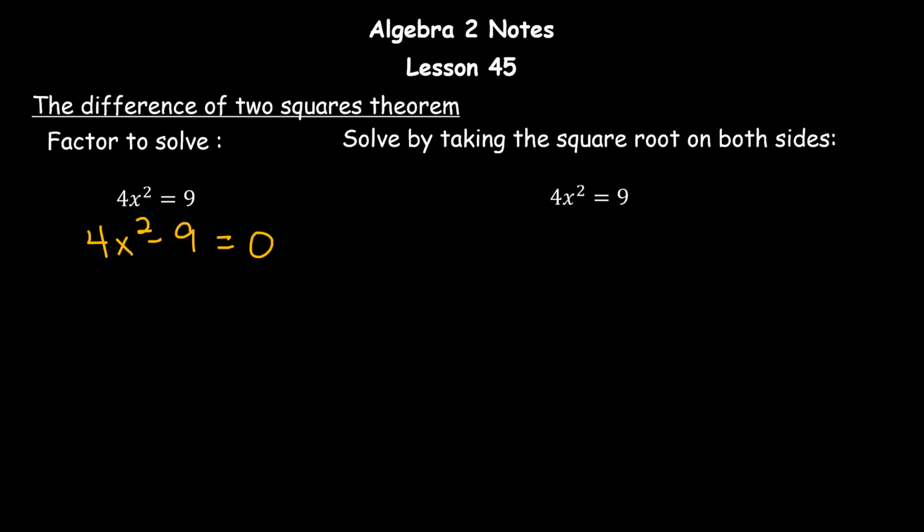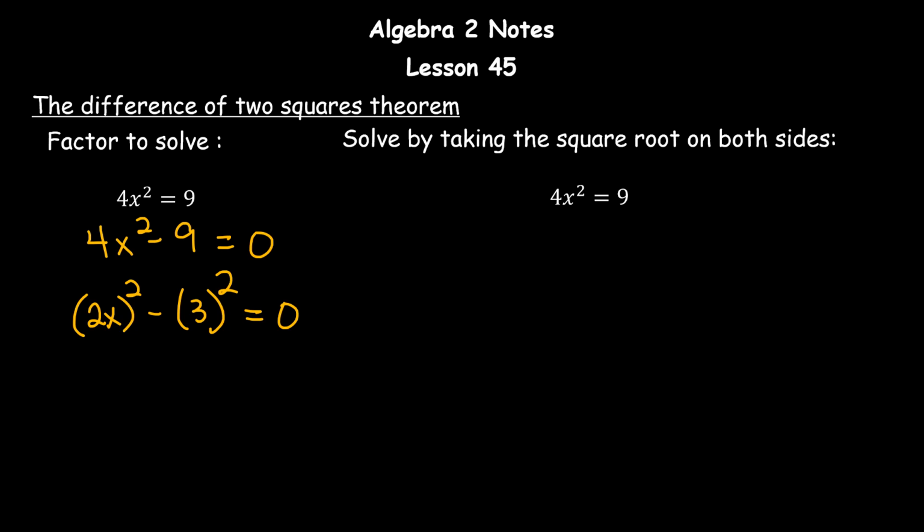So I'm going to subtract 9 on both sides, and I'll have 4x squared minus 9 equals 0. I should notice that on the left side, I have a difference of squares. This 4x squared can be written as (2x) squared, and 9 can be written as 3 squared.